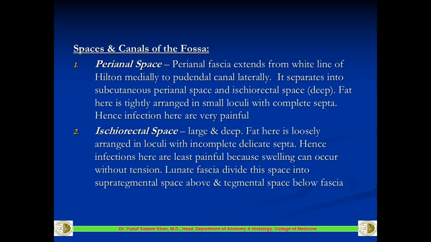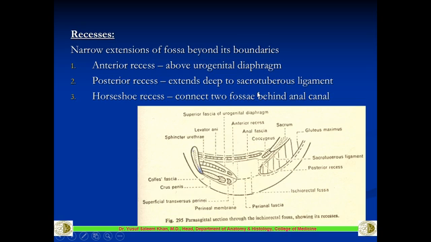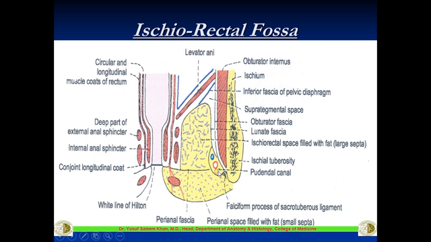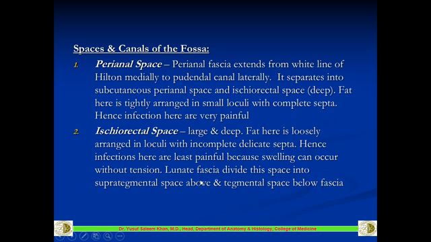Okay, so the perianal fascia extends from the white line of Hilton medially to the pudendal canal laterally, and it separates the subcutaneous perianal space, and deep inside is the ischiorectal space. So deep inside, whatever is there, this is called the ischiorectal space, and what is superficial to this fascia, this is called the perianal space.